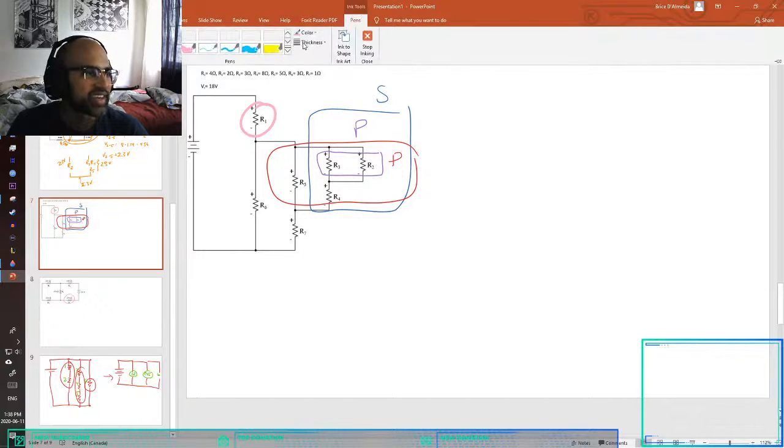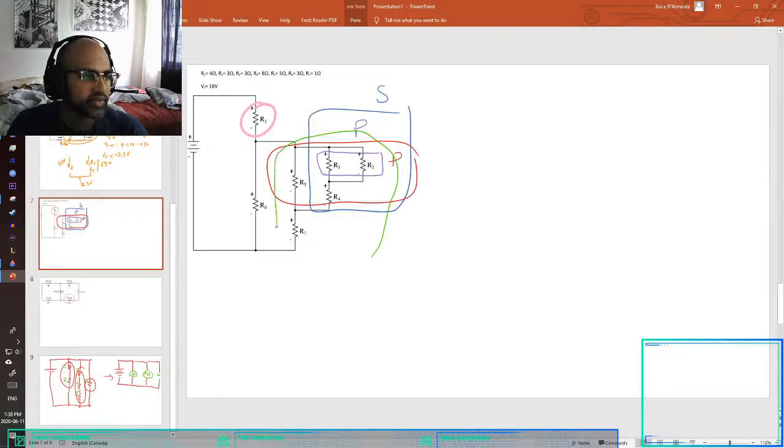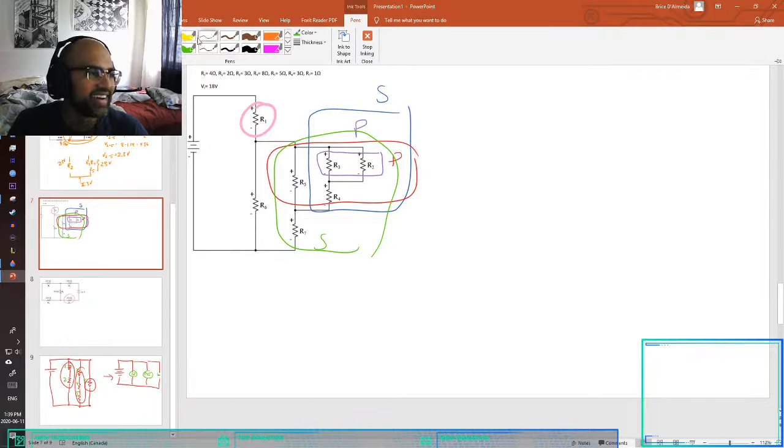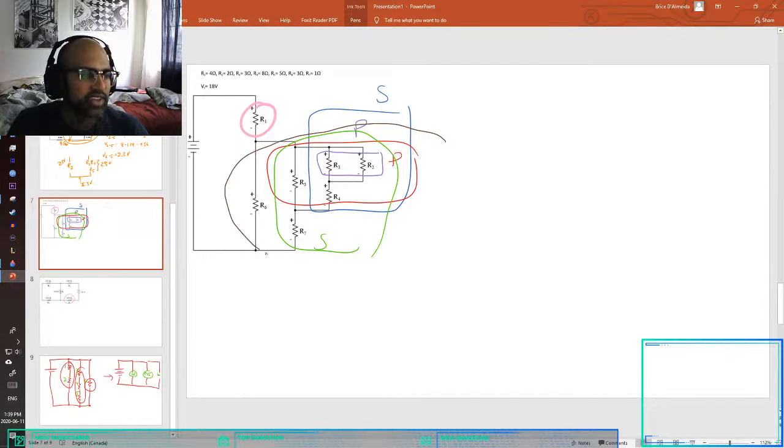Let's do it in green, I suppose. Then all of this, 5 to 4, are in series with resistor 7. And then, more to go. Let's do it in brown. All of that, resistor 6, is in parallel with all of this on this side over here.